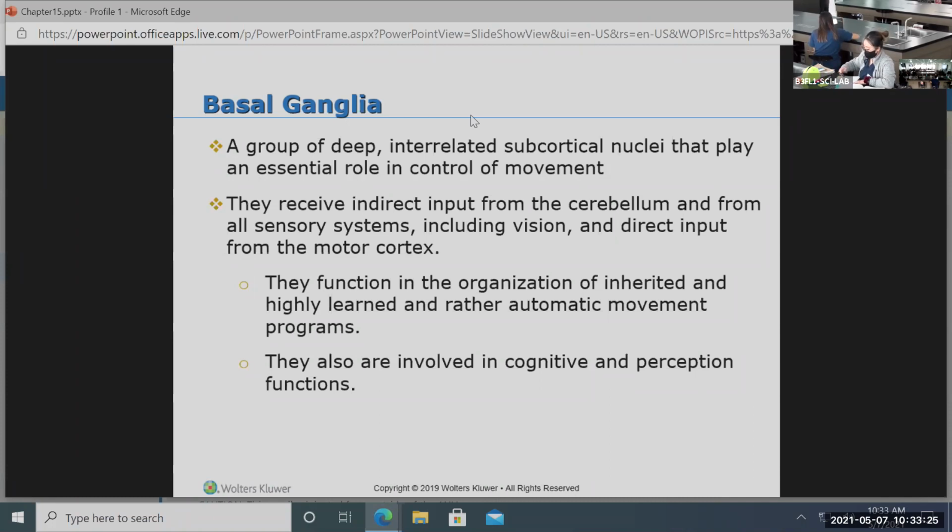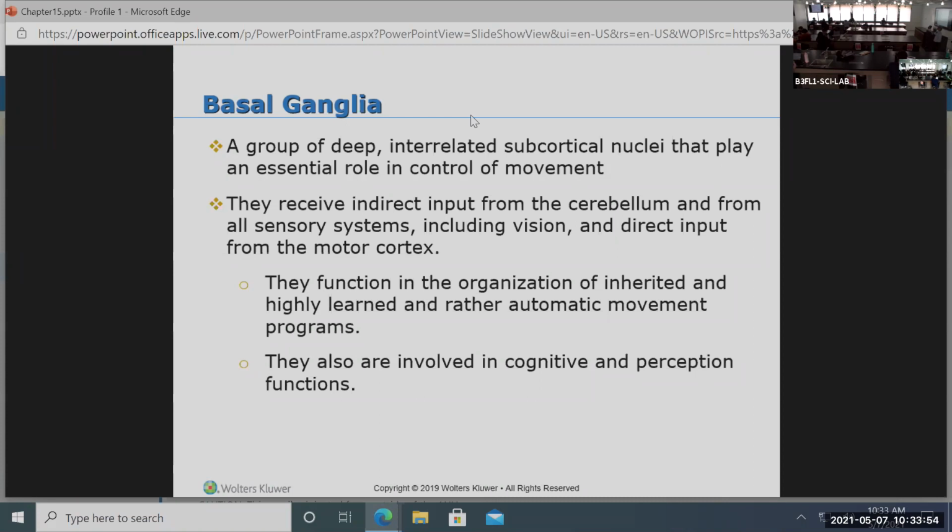Underneath the gray matter of the cerebral hemisphere, we have white matter. And within that white matter, we have scattered gray matter in the form of nuclei we call basal nuclei. Is it clear? Basal nuclei are a collection of gray matter within the white matter of the cerebrum.